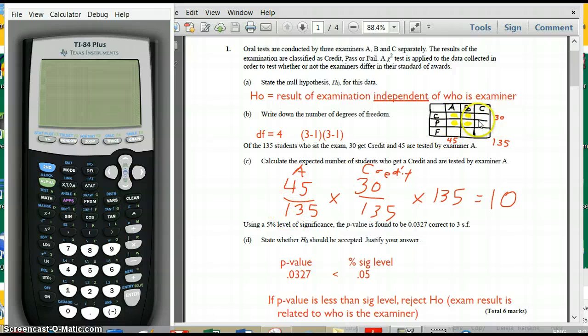The credit row, the percentage would be 30 divided by the total of 135. And then you would multiply the two percentages times the total number of students. Okay, so you get 45 times 30 divided by 135 divided by 135 times 135, and it's equal to 10. So the expected number of students who get credit and are tested by examiner A would be 10.